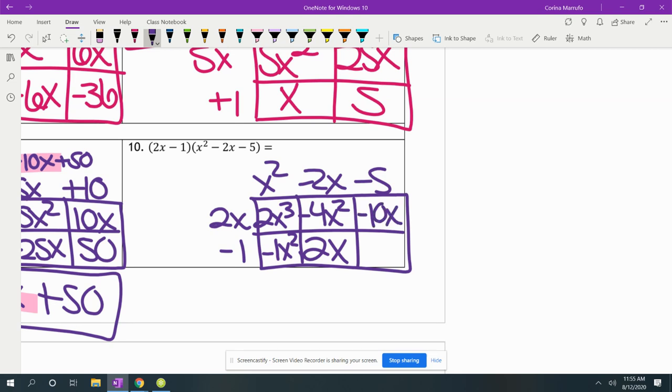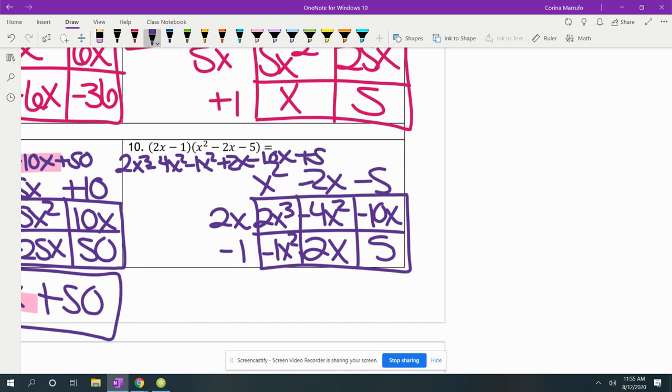And last, a negative 5 times a negative 1 is a positive 5. So then we write it all out. So we have 2x cubed minus 4x squared minus 1x squared plus 2x minus 10x plus 5.